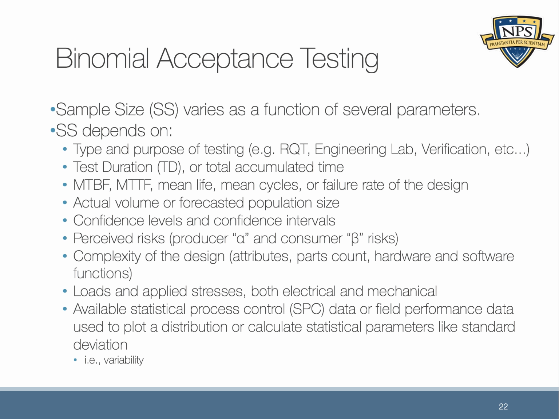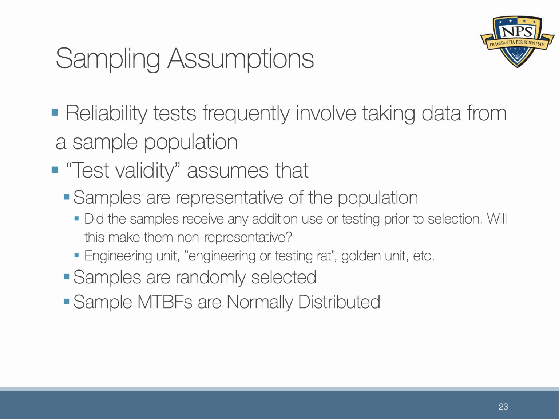So anyway, the point of this major portion of the slide is there are a lot of different factors that play into really the binomial acceptance testing method, kind of specific to the sample size determination. How many samples do we have to test? So there are some assumptions that go along with sampling.